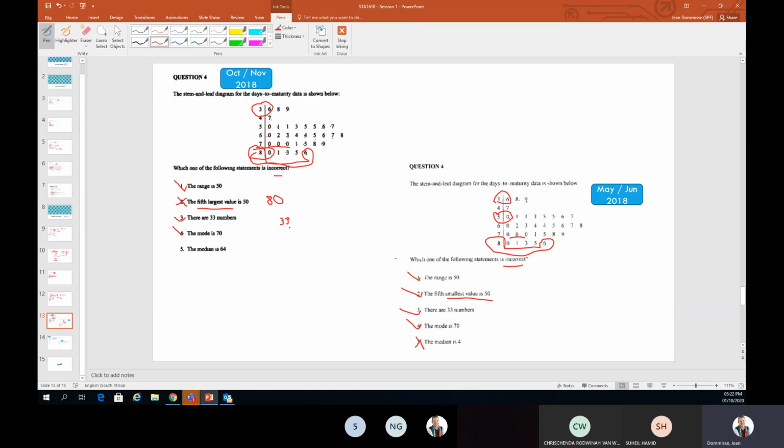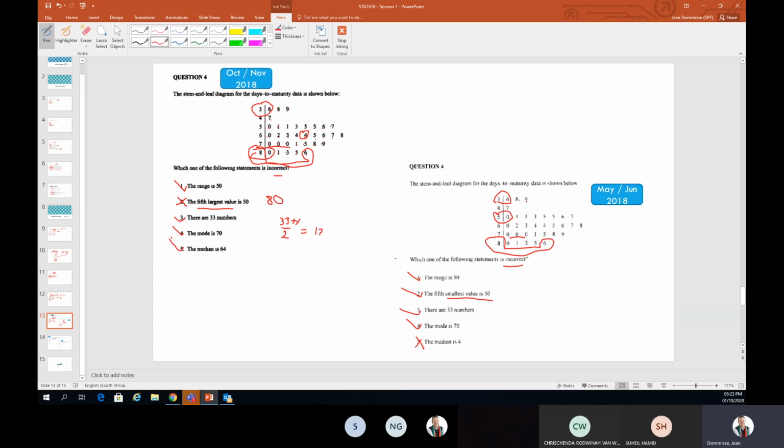If we divide 33 by 2, we get 16.5, or we can say 33 plus 1 gives us 34, divided by 2 gives us 17. So value 17. 1, 2, 3, 4, 5, 6, 7, 8, 9, 10, 11, 12, 13, 14, 15, 16, 17. So the median is 64.